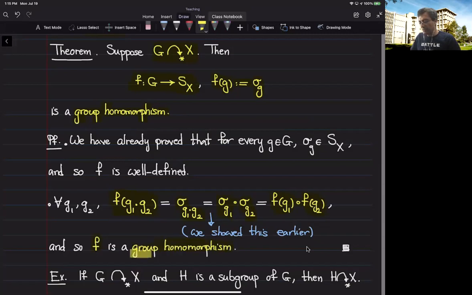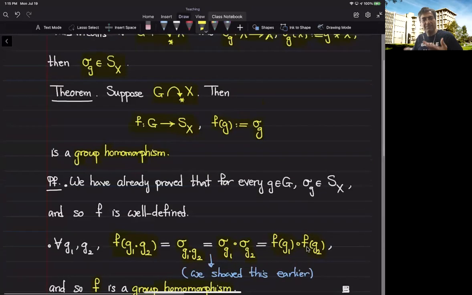The converse of this theorem is also true: if I start with a group homomorphism from G to the symmetric group of X, then I can define an appropriate group action of G on X, but that one we are not going to discuss here. So here we showed that a group action gives us a group homomorphism from G to the symmetric group of X.